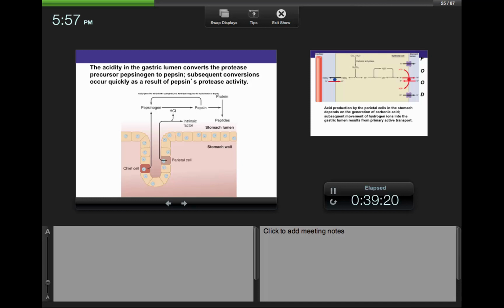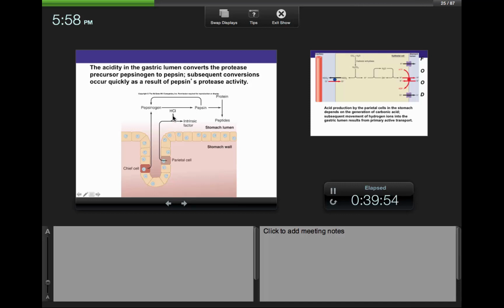So if you don't have intrinsic factor, you don't get B12 absorption, you get anemia. And it's a specific type of anemia called pernicious anemia. I think it's P-E-R-N-I-C-I-O-U-S, pernicious. So intrinsic factor is actually essential for life. It's one of those molecules that is essential for life.